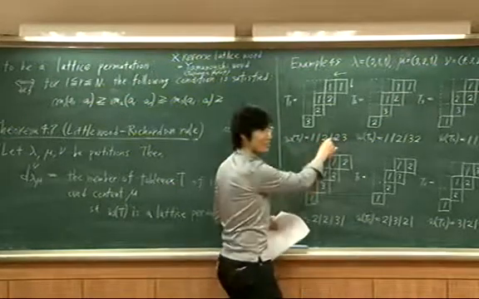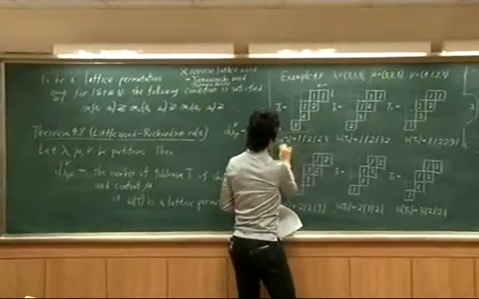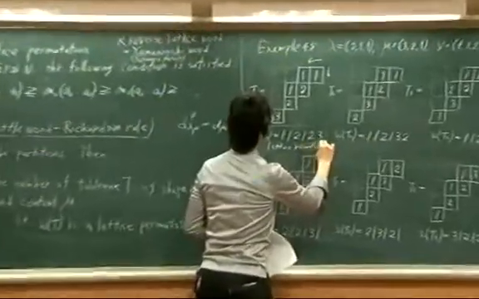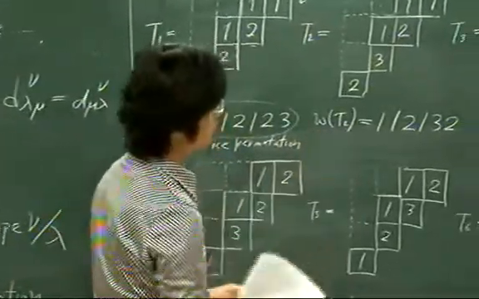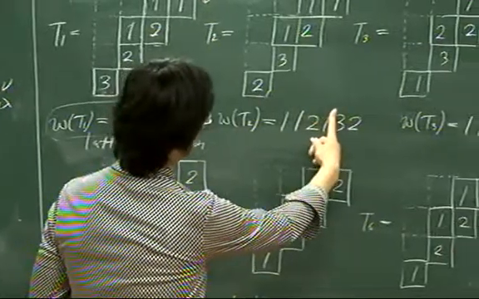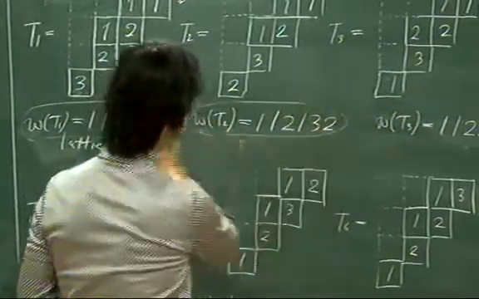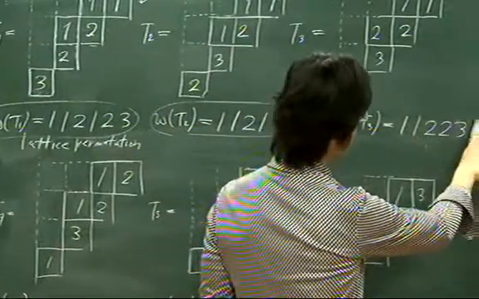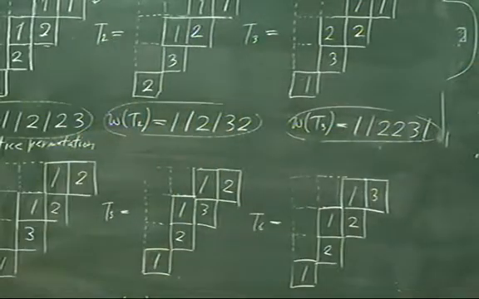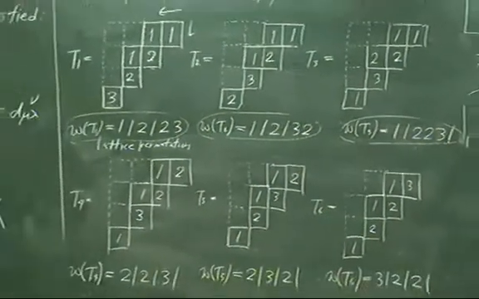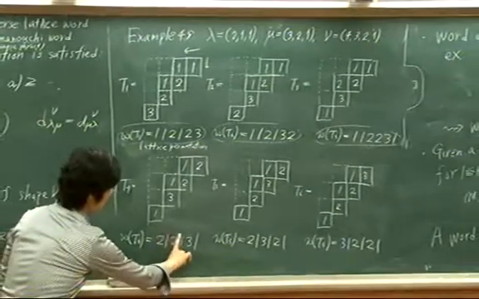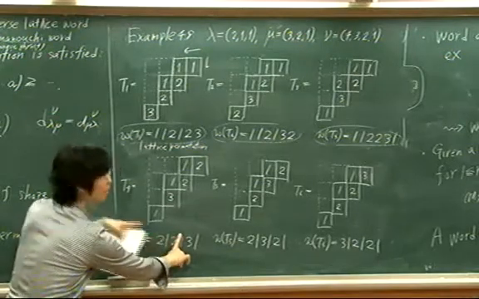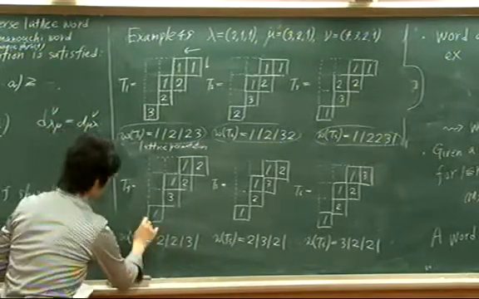Okay, this is a lattice permutation. T2, 2, 1, 3. Okay, lattice permutation. And also T3, 1, 1, 2, 2, 3, 1. Okay, they are lattice permutations. However, in the case of T4, 2, 1, 2, this does not satisfy the condition. So this is not a lattice permutation.